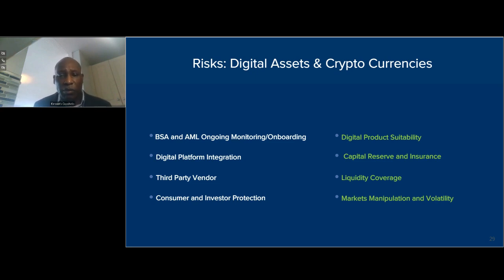Consumer investor protection, we mentioned that, but there are some key points here. Market manipulation and volatility is one of the key areas that we saw with FTX. Capital reserves and insurance. I was big in saying that, hey, we need to really look at capital reserves. I know that the industry is going towards more statement of reserves or proof of reserves.